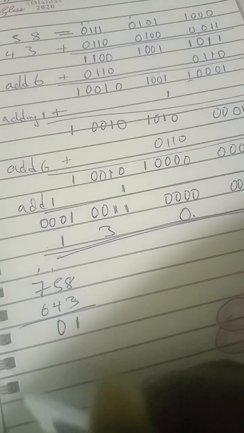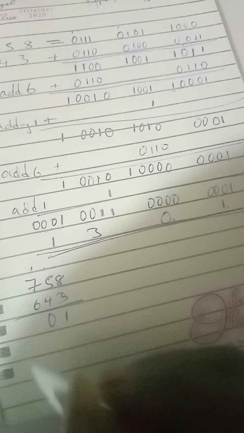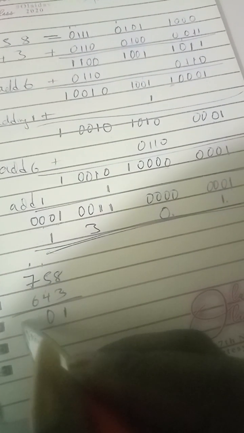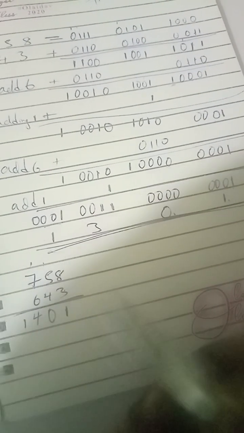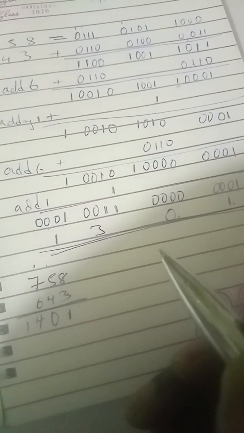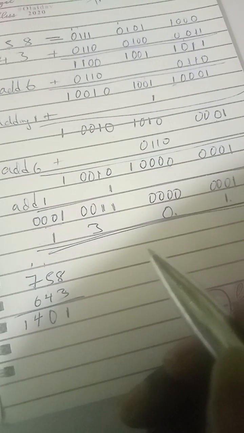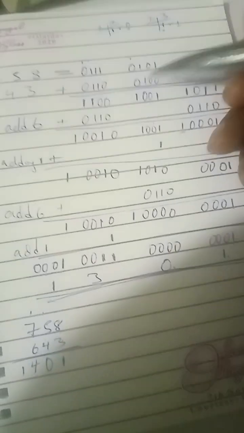It's supposed to be 14. I think I made a mistake. Let me check for me. I've made a mistake.